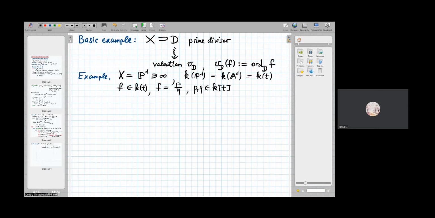Then the valuation corresponding to this infinity point, which is a prime divisor on the projective line, the value at f equals, can you say what? Any idea?